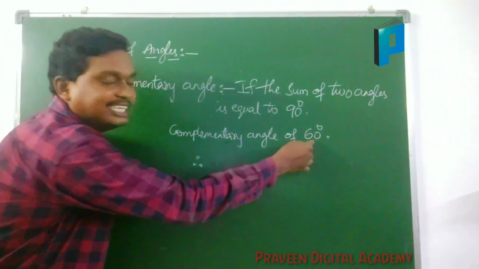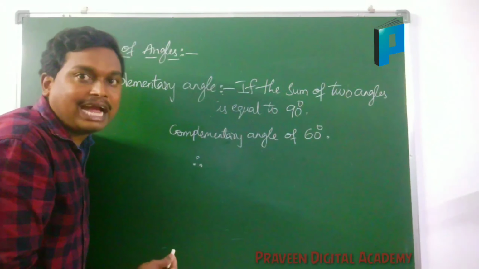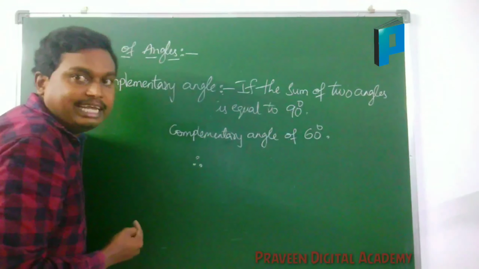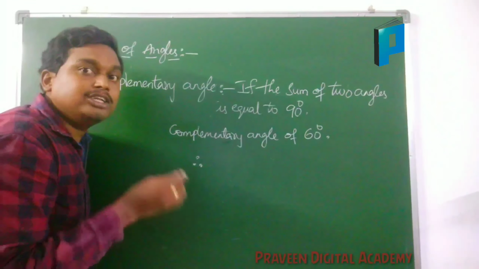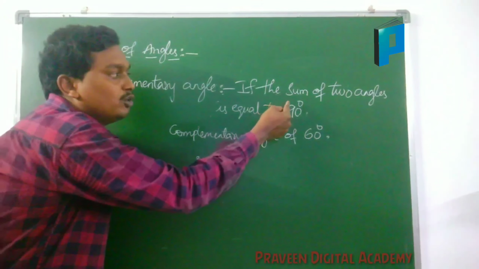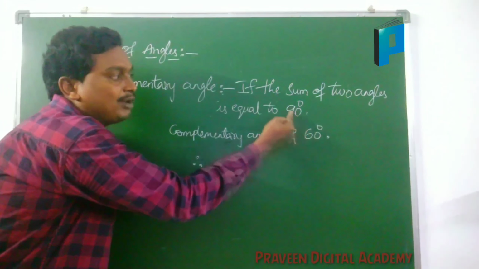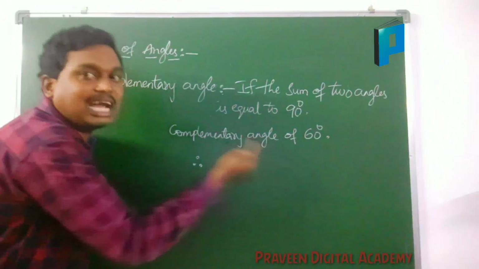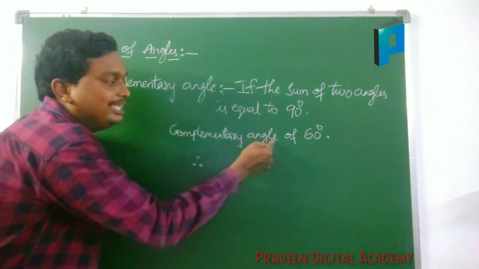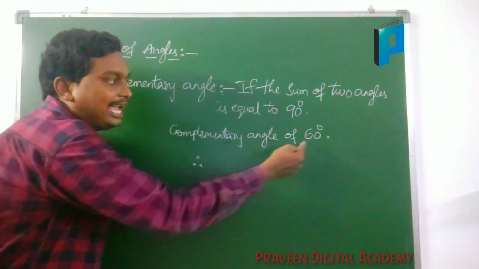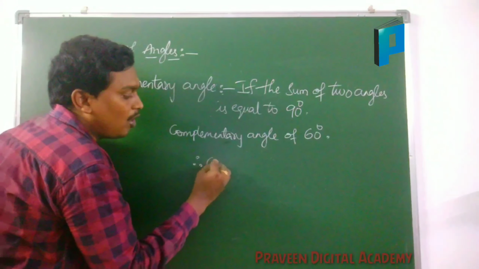Means for the 60, how much should you add to get 90? Or in other words, if you subtract 60 from 90, whatever answer we get is called the complementary angle of 60.